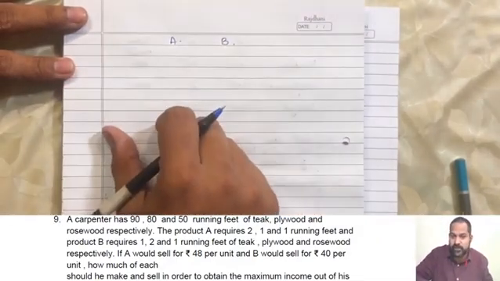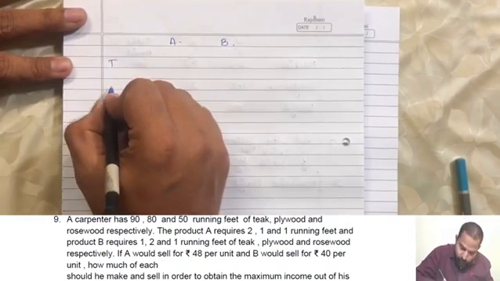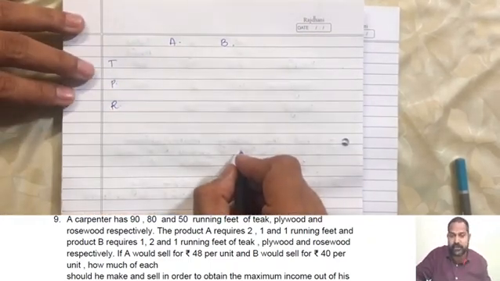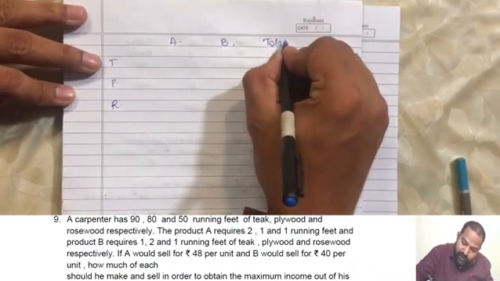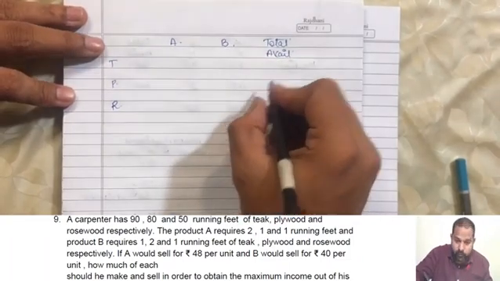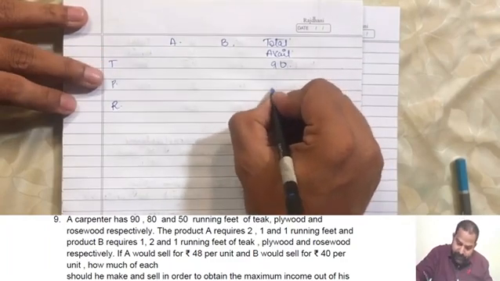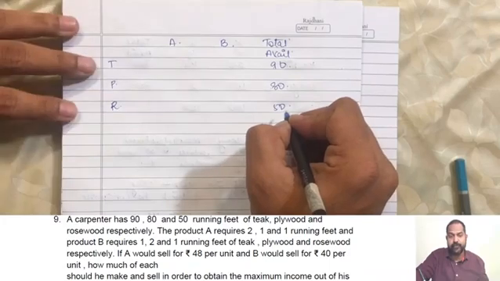Well, my resources. What are my resources? My resources are teak, plywood and rosewood that are creating limitations. What are these limitations? The total availability of teak, plywood and rosewood is 90 feet, 80 feet and 50 feet respectively.